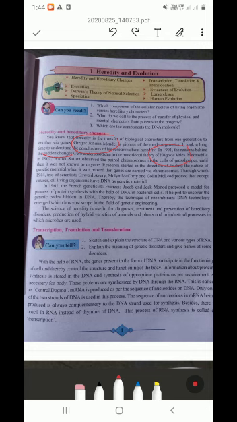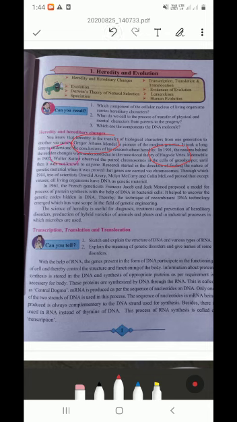Walter Sutton is the third one. Walter Sutton observed the paired chromosomes in cells of grasshopper. Until then, it was not known to anybody. Research started in the direction of finding the nature of the genetic material when it was proved that genes are carried via chromosomes. See, this is the most important.